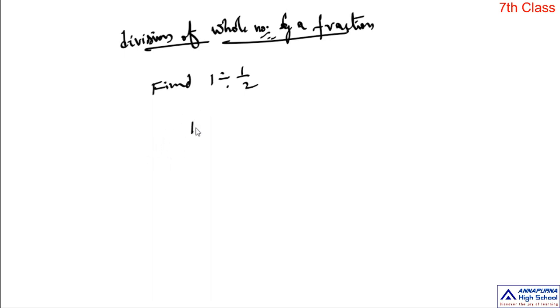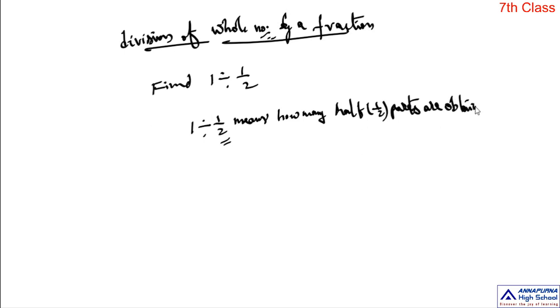Now you tell me, what is the meaning of this? 1 divided by 1 by 2 means how many 1 by 2's are there, or in other words, how many half parts are obtained in 1?